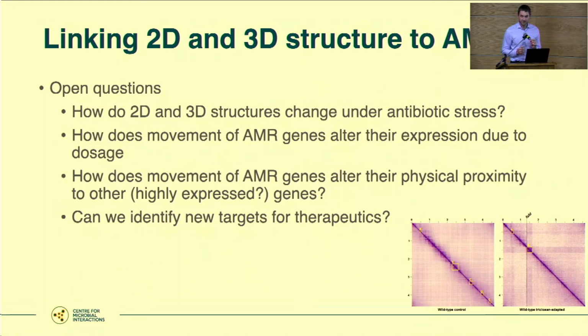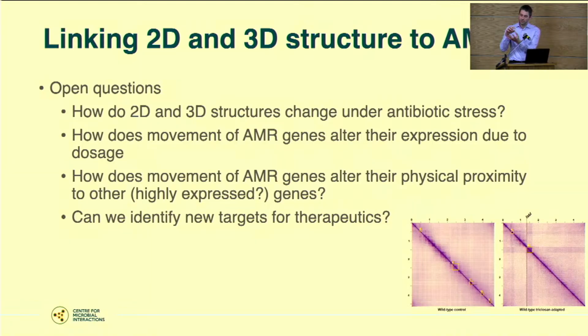How does movement of the AMR genes alter their physical proximity within the genome, and whether they're linked with more highly expressed genes? Something we know is that when you look at particular functions of the cell that are important, in terms of the three-dimensional chromosome structure, it will cluster together genes that are involved in the same biochemical processes, so that all the machinery to do with high levels of transcription and translation are physically located in the cell.